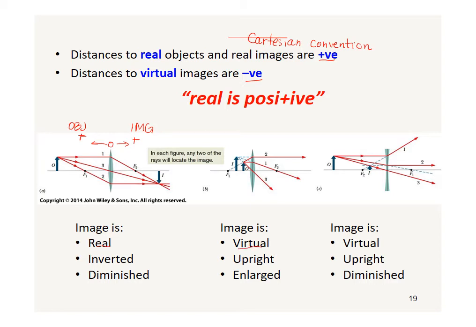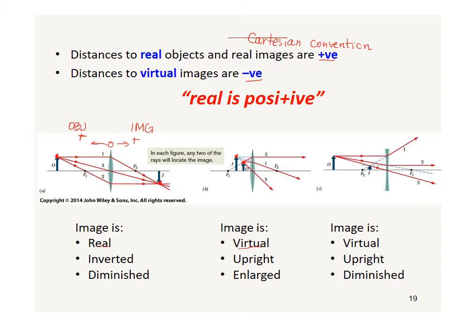Another thing that we will be able to work out from some of our calculations is whether the image is going to be upright, as it is located here. So the image point is on the same side of the optical axis as the object point, or whether it's going to be inverted, where it's on the opposite side of the optical axis to the object point. The other thing we'll look at is whether it is diminished or enlarged.